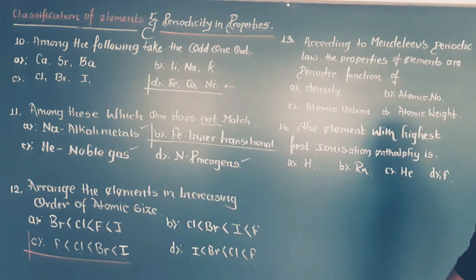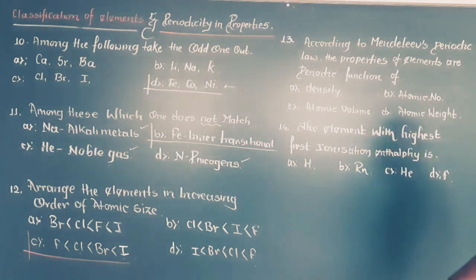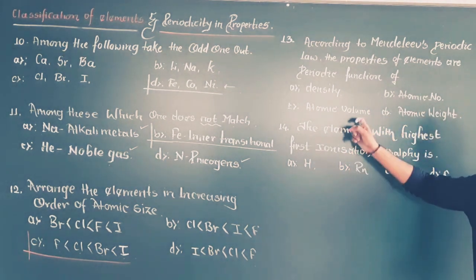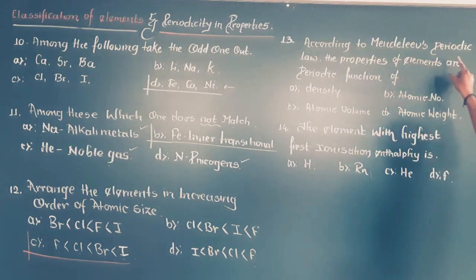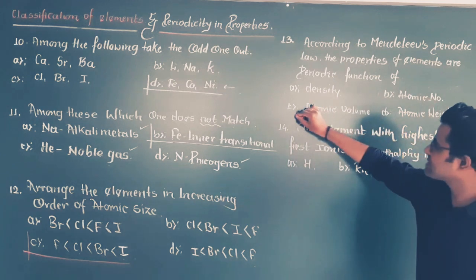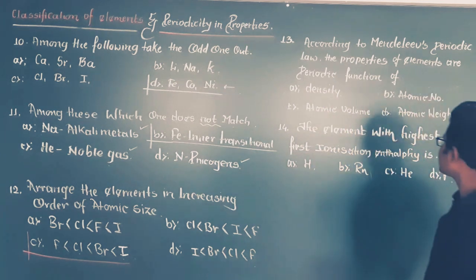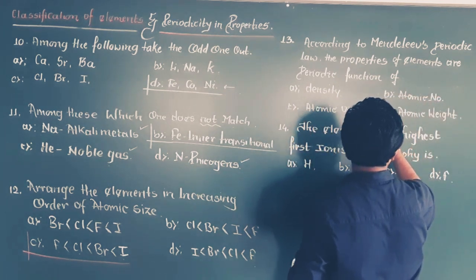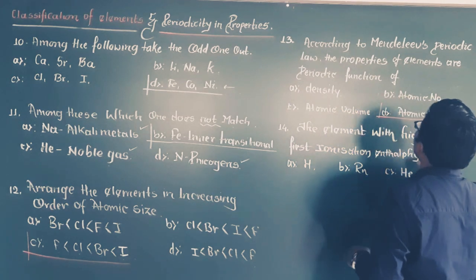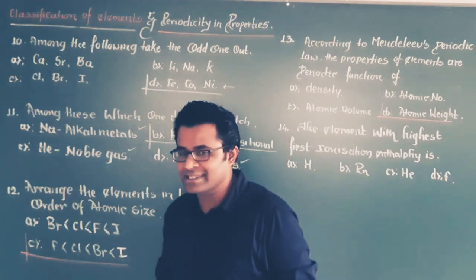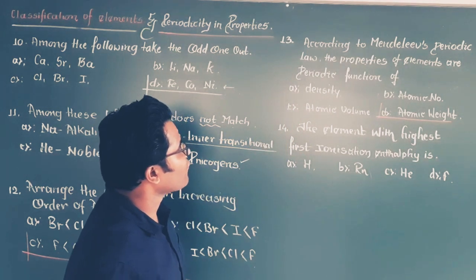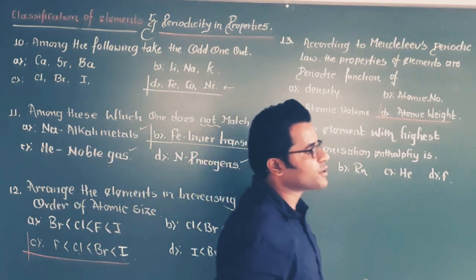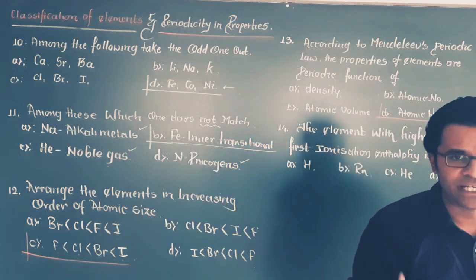Atomic volume, the curve which was given by Lothar Meyer. So right now we are not dealing with Lothar Meyer. Right now we have Mendeleev's periodic law. So therefore this is not an option. What remains with us is the atomic weight. So we know about Mendeleev's periodic law, which says that the properties of elements are the periodic function of their atomic weights.